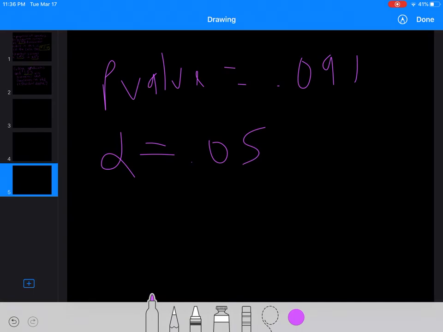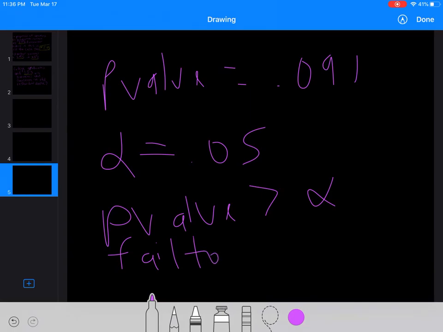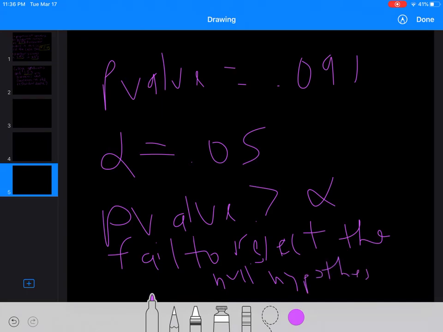Our p-value that we just calculated is greater than alpha, so we can fail to reject the null hypothesis here. It looks like the smoking habits have not changed. All right.